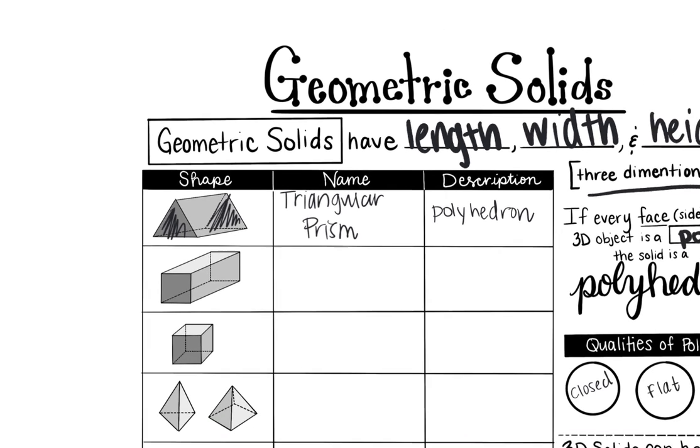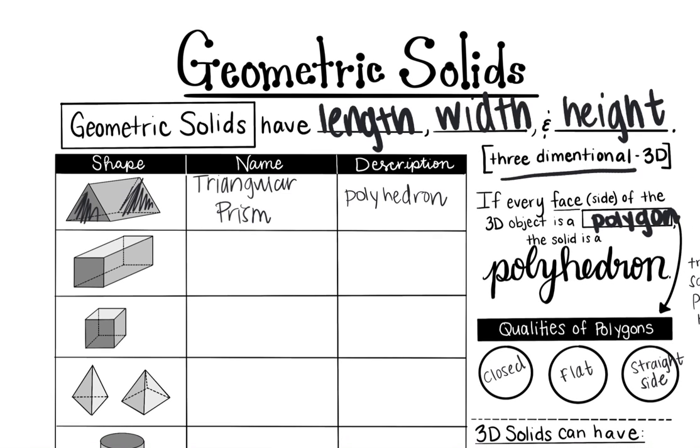Ok, lo que vamos a hacer es ver todas las figuras que tenemos en nuestra tabla, nombrarlas y decir si es un poliedro, polyhedron, o no. Okay, so yo voy a poner polyhedron si es un poliedro, okay, y voy a poner non-polyhedron si no es un poliedro, o voy a poner not a polyhedron. Okay, so es lo que van a ver en esta tabla.